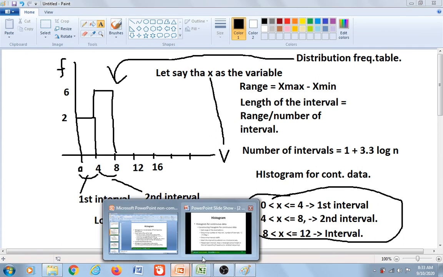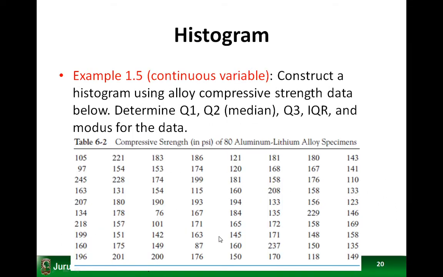So I'm going to come back to the PowerPoint. So we have some data here. This is the data of the strength of the material. Because it is the strength of the material, it is continuous data.